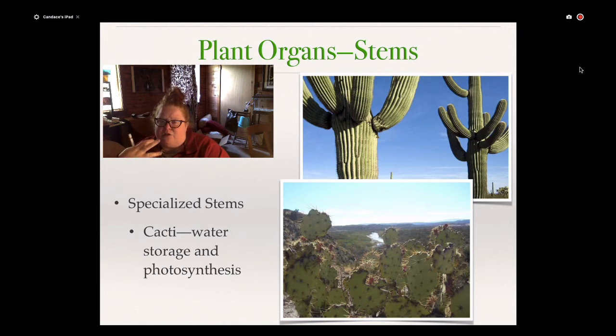The stems store tons of water, and they also are, for cacti, the primary site of photosynthesis, instead of in leaves, is in the stem. And so what we're seeing here, even this flat part of this kind of cactus, or obviously it's a little bit more evident that this is a stem, but this is a stem as well. We'll talk about the spines in a minute. So that's where the photosynthesis in cacti takes place. So it's a little bit different.